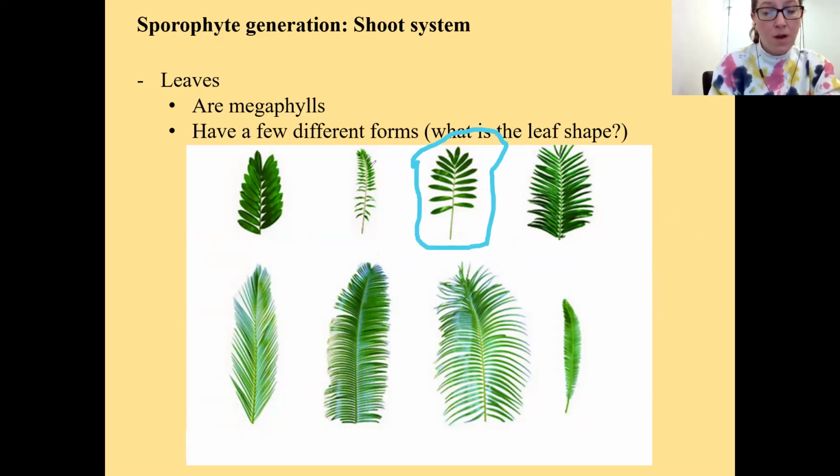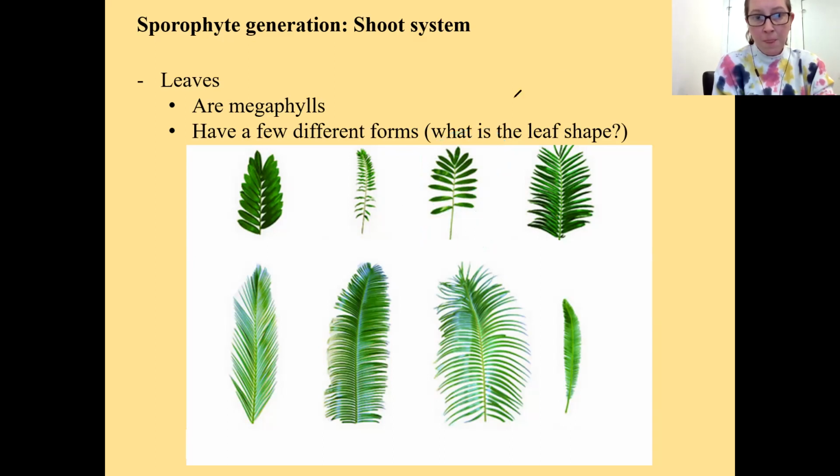And to be even more correct, I'll write it in the chat box. If you're pinnately compound, you could have different levels of how many divisions you have. As a few people wrote in the chat box, this has one division, so this has pinna. That's one pinna. There's another pinna right there. Each of those things is a pinna because we only have one level of division.